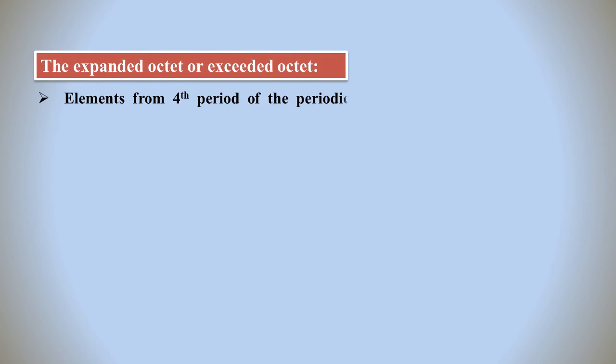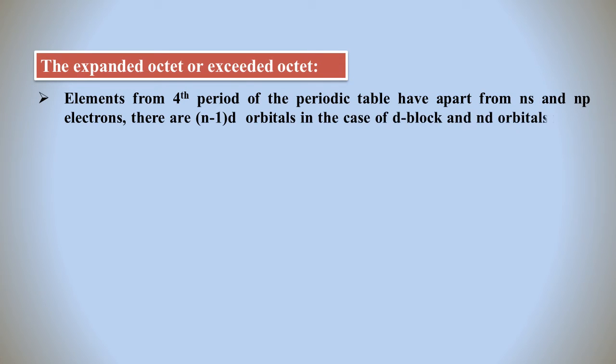Expanded octet, or exceeded octet. We have the elements of the fourth period of the periodic table. Starting from the fourth period, apart from ns and np electrons, we are going to start a new orbital.